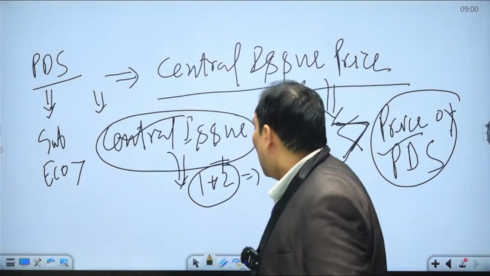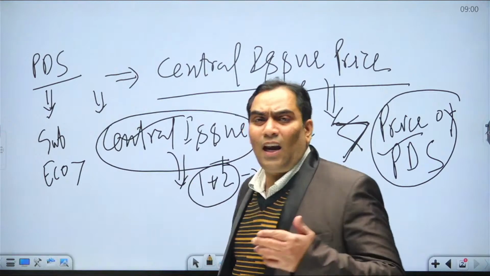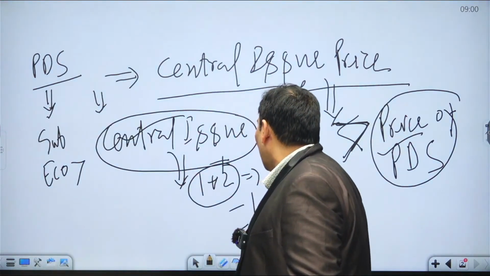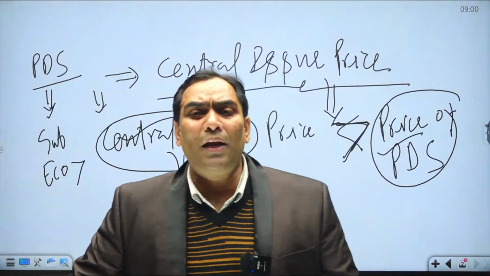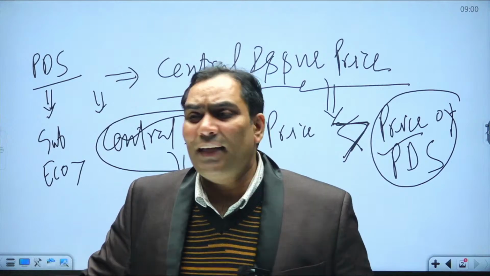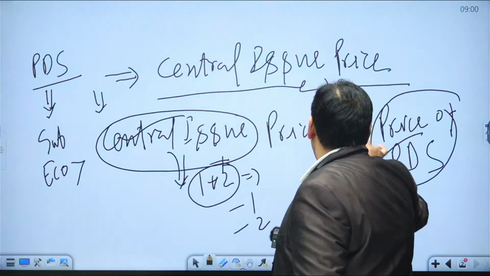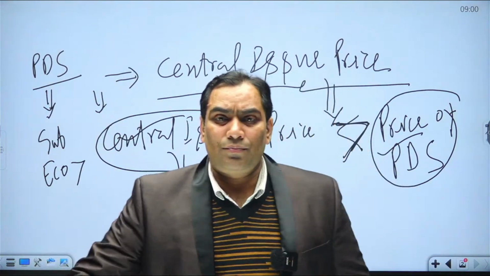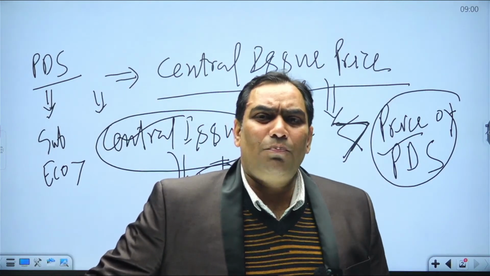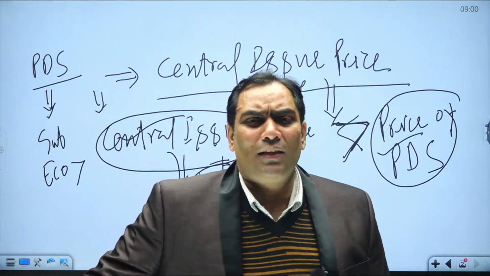It may be that from the central issue price they give further subsidy, maybe 1 rupee, maybe 2 rupees, which is borne by the concerned state government. But the central issue price can never be more than the price of PDS. Be very clear. It is a matter of common sense. I think it is making sense.